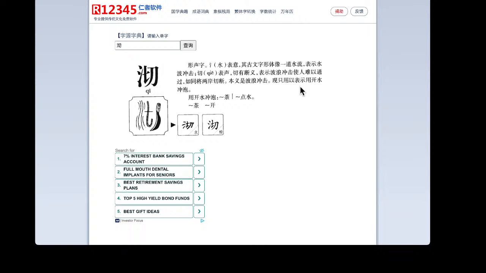For example, it's like a big wave, water like a flood, coming and impacting the bank, cutting off the road, this kind of thing. So you can see the water rushes out, changing whatever is in its way.